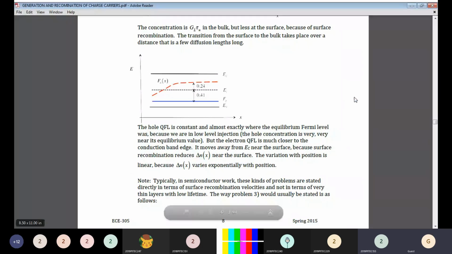The hole QFL is constant and almost exactly where the equilibrium Fermi level was, because we are in low level injection. But the electron QFL is much closer to the conduction band edge. It moves away from E_Z near the surface because surface recombination reduces Δn(x) near the surface. The variation with position is linear because Δn(x) varies exponentially with position.